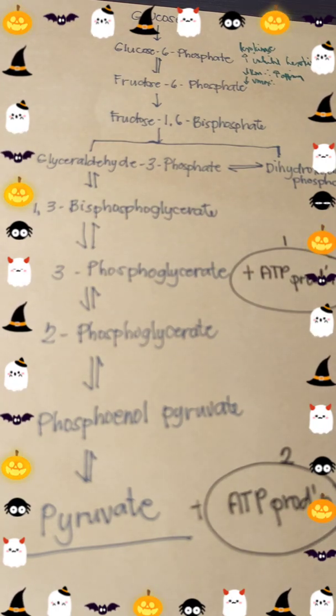Inuulit ko po, yung hexokinase 4 is known as the glucokinase. So, where do you find this glucokinase? You can find this glucokinase in the liver parenchyma and the pancreatic beta cells.